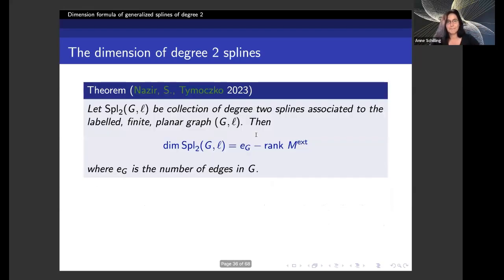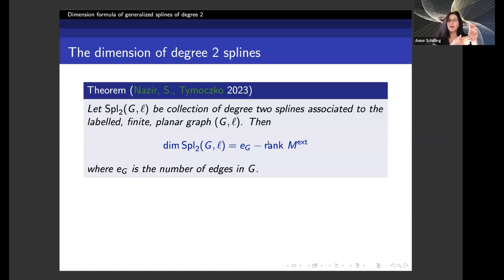One thing that you can relatively easily prove, so this is not a very special theorem, is that the dimension of the spline, if you take out the constant splines, is the number of edges minus the rank of the matrix. If the rank of the matrix is maximal, then we have 3f rows, where f is the number of faces, so we would have 3f conditions.